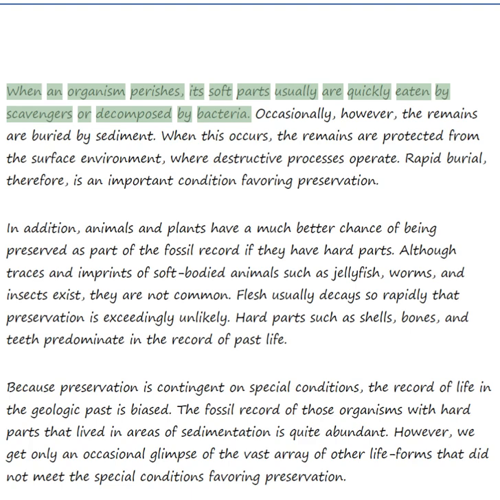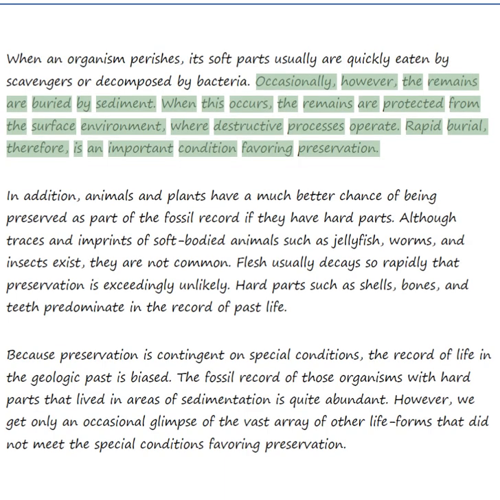When an organism perishes, its soft parts usually are quickly eaten by scavengers or decomposed by bacteria. Occasionally, however, the remains are buried by sediment. When this occurs, the remains are protected from the surface environment, where destructive processes operate. Rapid burial, therefore, is an important condition favoring preservation.